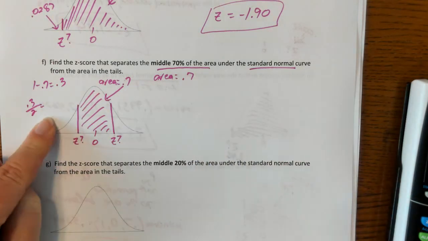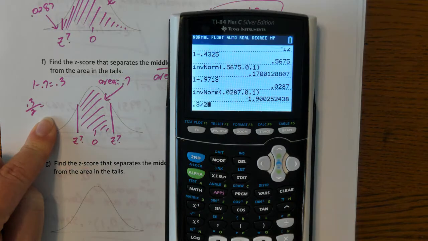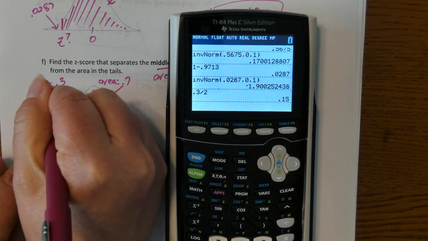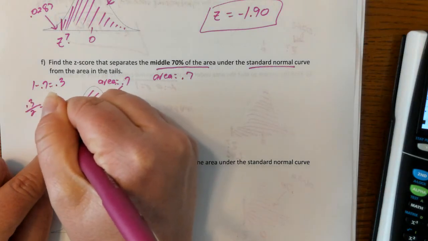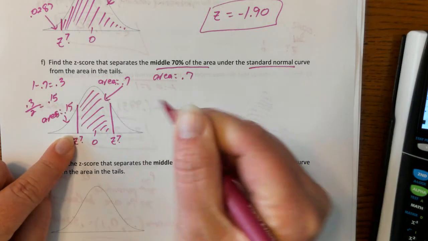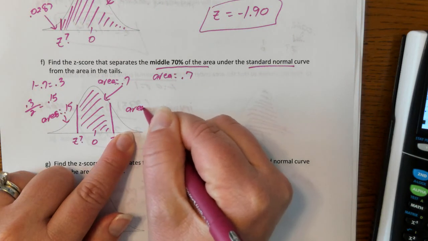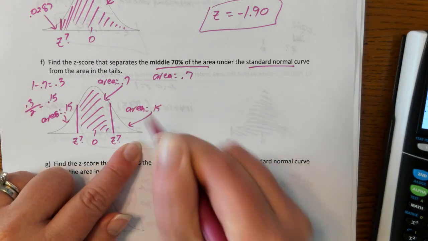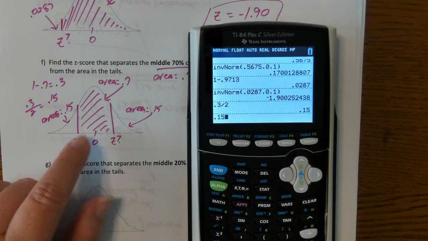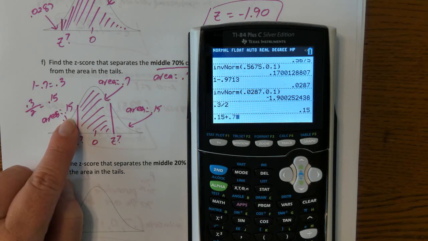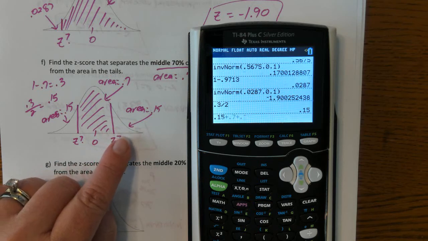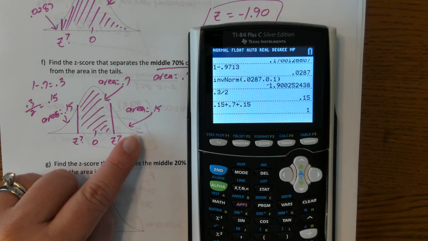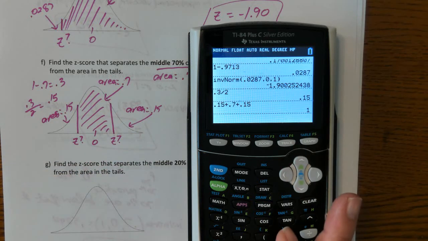0.3 divided by 2 is 0.15. That means this tail over here has an area of 0.15, and this tail over here has an area of 0.15. Because 0.15 for the tail on the left, plus 0.7 for the middle, plus 0.15 for the tail on the right, adds up to 1 total, 100%.